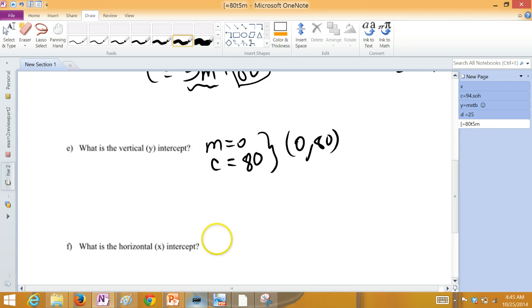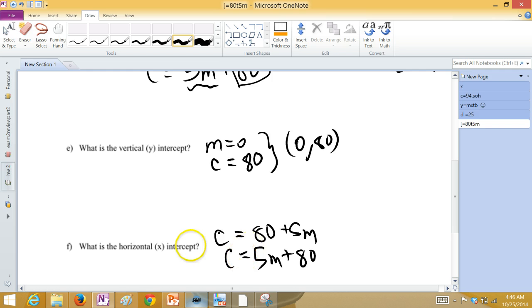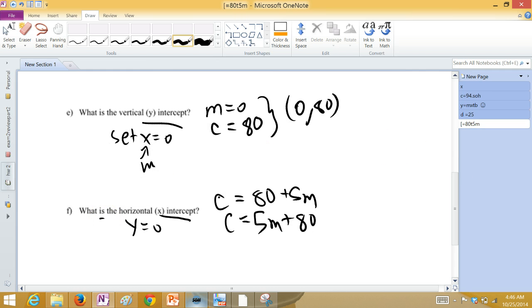The x-intercept, if your function is equal to 80 plus 5m, or 5m plus 80, the x-intercept is found by setting y equal to 0. The y-intercept is found by setting x equal to 0. Well, in this case, playing the role of x is m. In this case, playing the role of y is c.